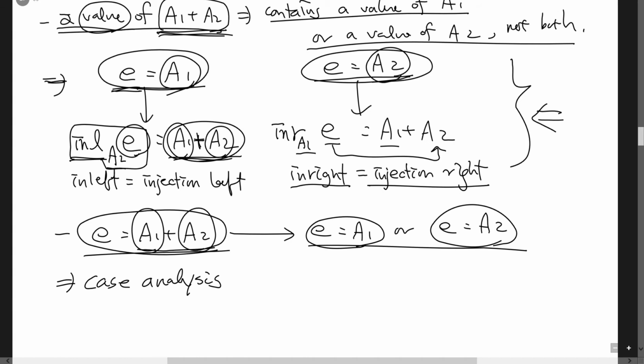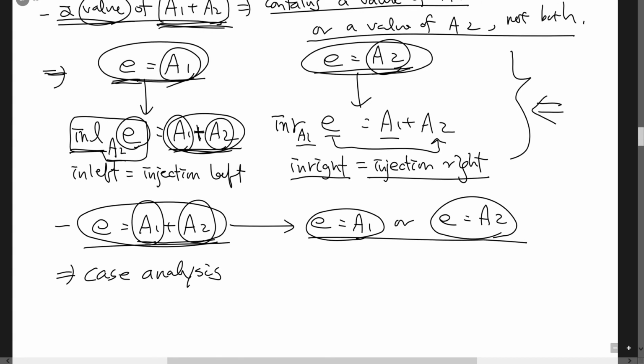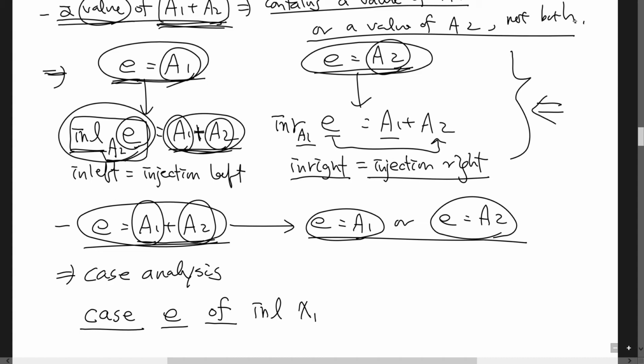With this syntax, we are performing case analysis on expression E. If expression E has been created with injection left, then it's going to have an expression of this form, injection left of x, where x is unknown yet. Let's say it is x1.